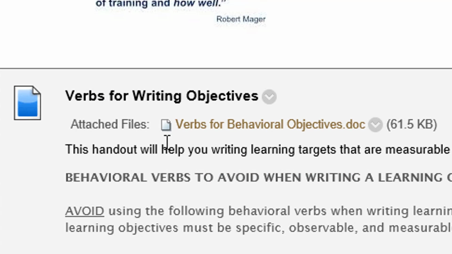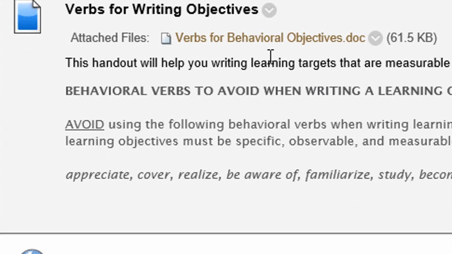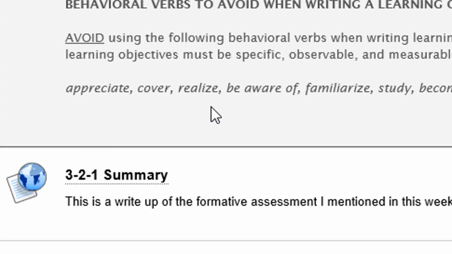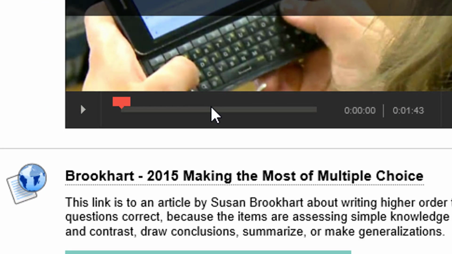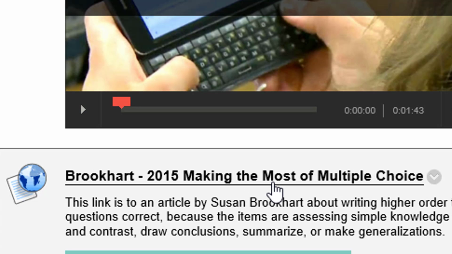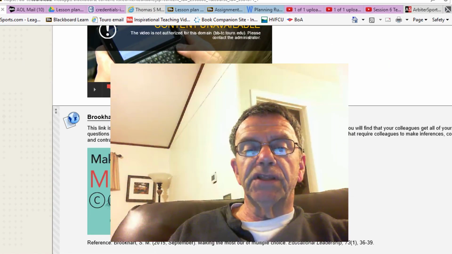And here's another handout with verbs for behavioral objectives. And here, this Brookhart is going to give you some suggestions for making reasoning questions, multiple choice questions. So all good stuff. Make sure you look at those.